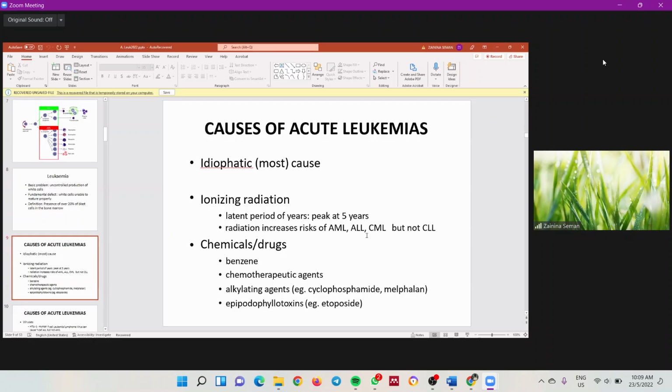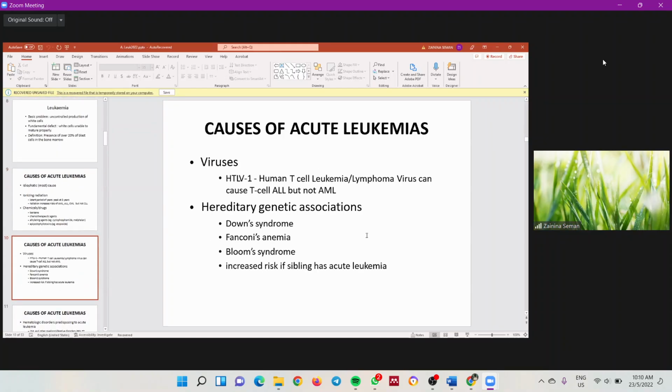The causes of acute leukemia are many, but most commonly it is idiopathic. We don't know what caused it. Some studies show that it results from ionizing radiation. Some have shown it is due to drugs or chemicals, for example, most commonly benzene. Others, like a virus, HTLV-1, also have some association with causing acute leukemia.